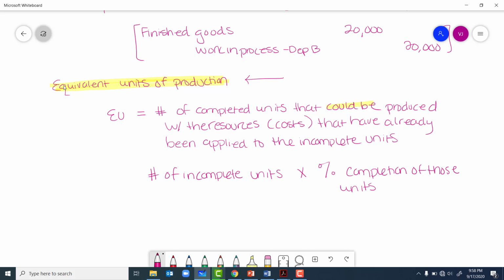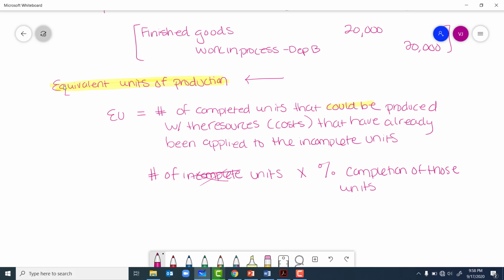Really, that doesn't have to say incomplete units, that can also just say number of units, because we will also be looking at not just equivalent units in ending work in process, but also just units that actually were completed. So to kind of simplify that, just say number of units that we're looking at times what percentage they are complete.